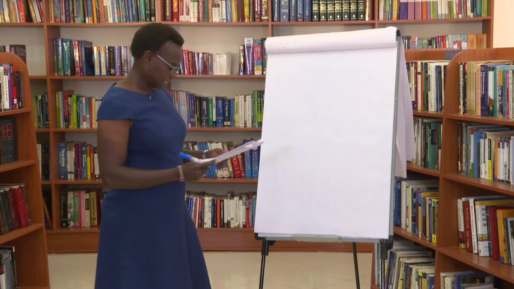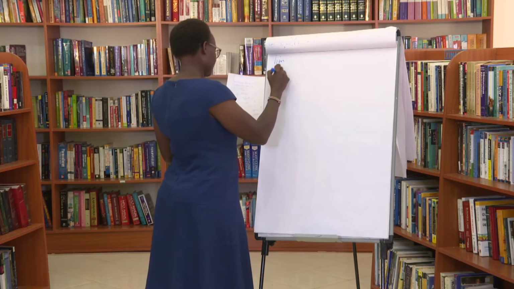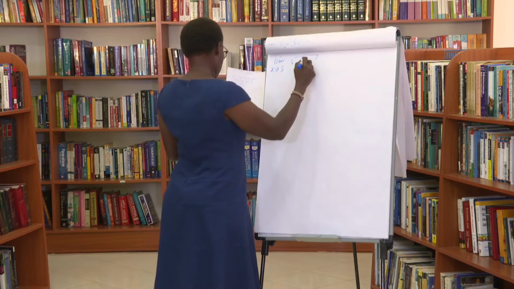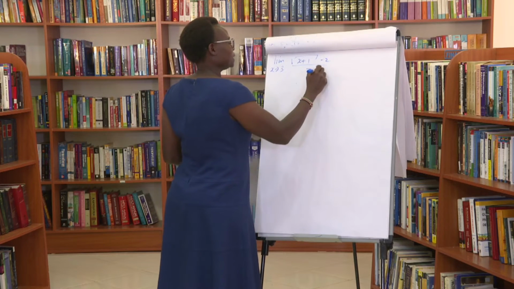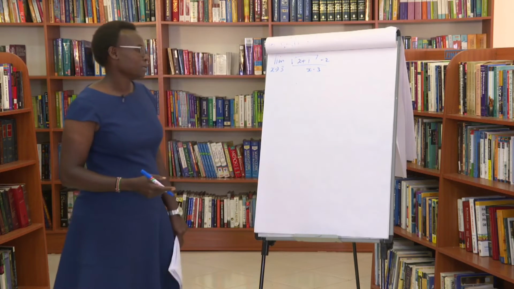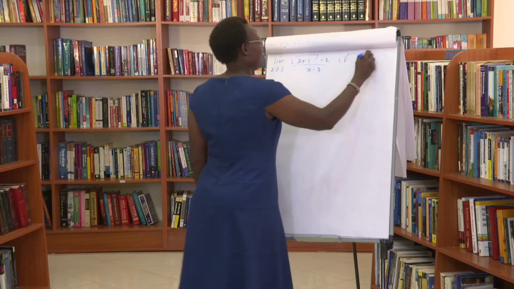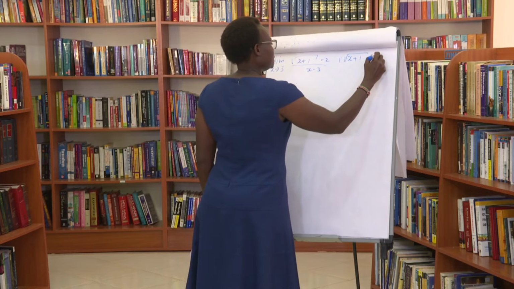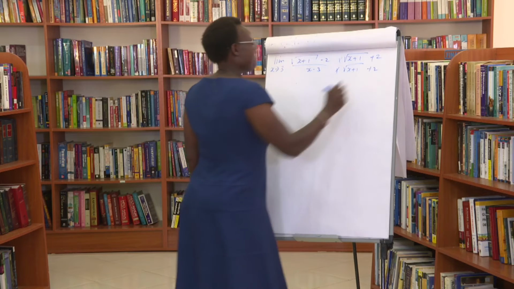We look at a second example. We have the limit as x tends towards 3 of root of x plus 1 minus 2 over x minus 3. So we do the same again. We multiply by the conjugate of the numerator, so we multiply by root of x plus 1 plus 2. Whatever we do to the numerator, we do to the denominator.